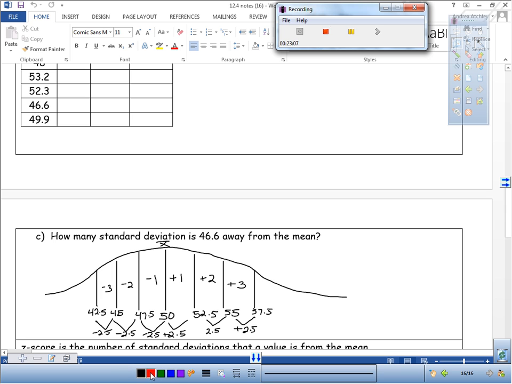So we want to know where 46.6 falls away from the mean. So we look here. 46.6 is somewhere in between 45 and 47.5. So it's 2 standard deviations below the mean.